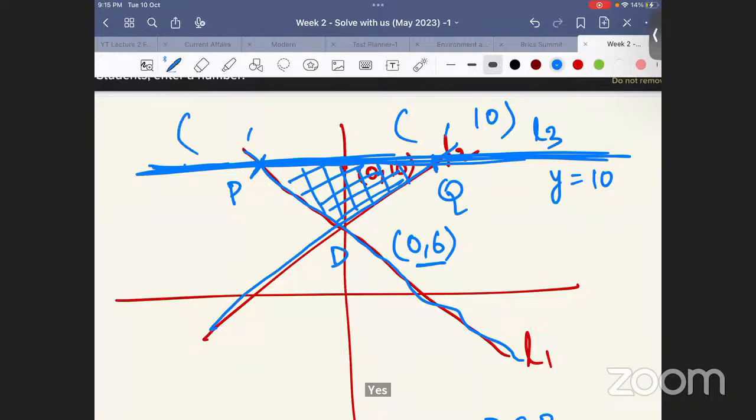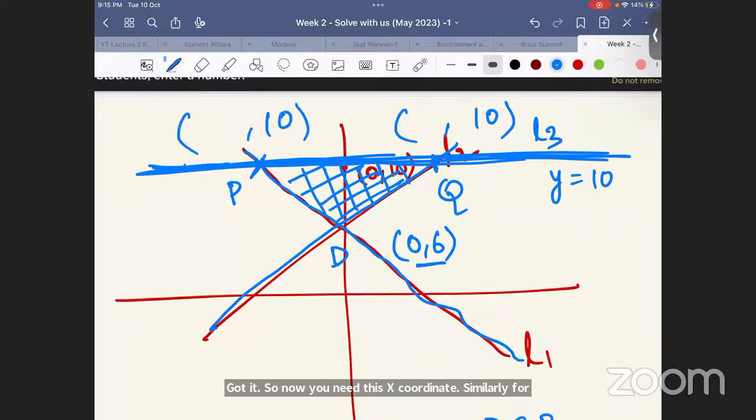Similarly for P also, you already know that the y coordinate should be 10 because this point is also on the line y equals 10. Any point you take here, the y coordinate will be 10 for sure. Now you need the x coordinate.